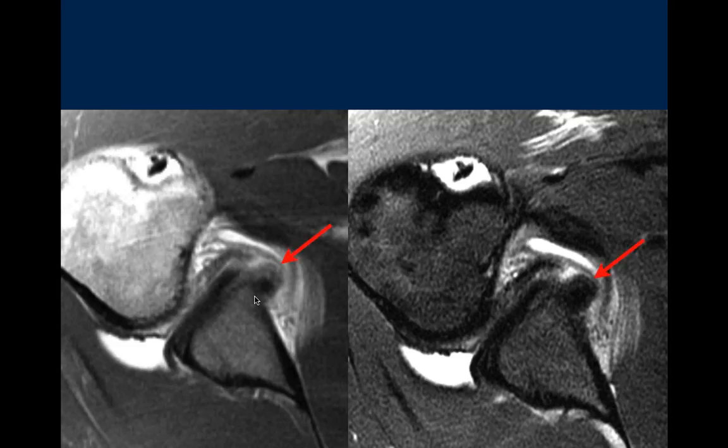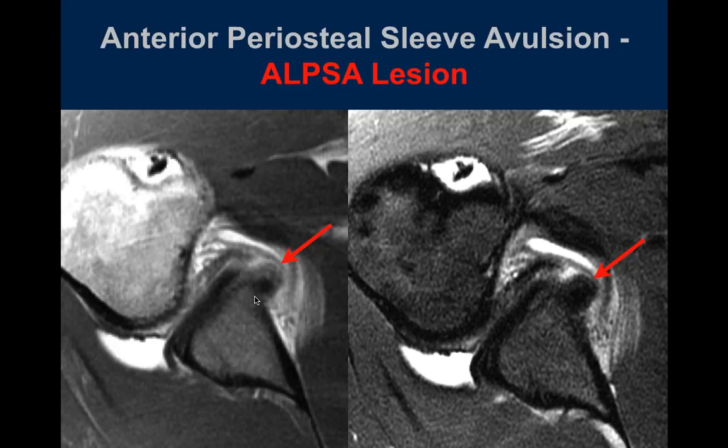And so there's some thickening there along the anterior periosteum of the glenoid. This is called an ALPSA lesion. This is actually a tear of the anterior labrum. The periosteal attachment stays intact, so that's a Perthes lesion.